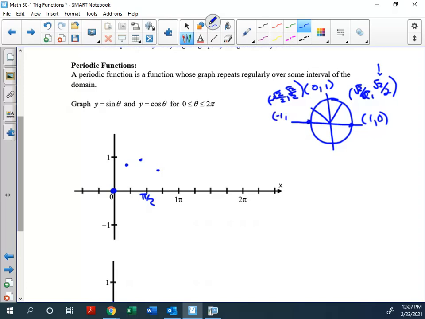Continue along. At pi, we've got that y value of 0. So when we think unit circle, my y's increased to 1 and then decreased back to 0. Now I'm dealing with my negative y's. So now when I'm at 5 pi over 4, I'm at negative 0.7.